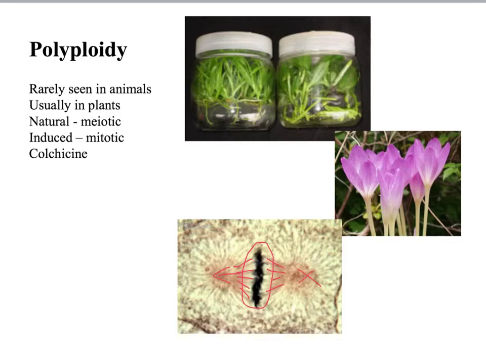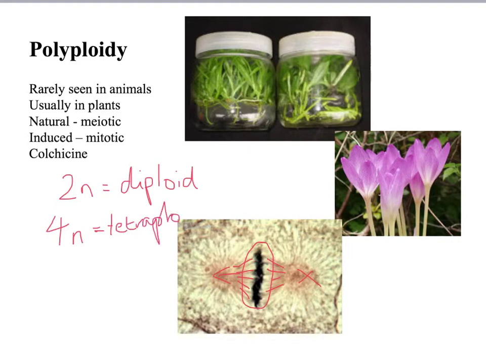That gives you a cell that contains twice the amount of genetic material that you would normally expect to see. So rather than having a diploid cell, which we would write as 2N, is diploid, we end up with a 4N, which is tetraploid. Excuse my writing.